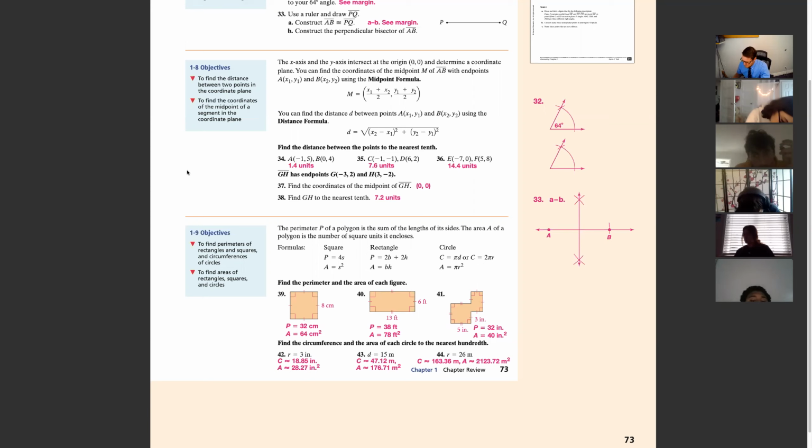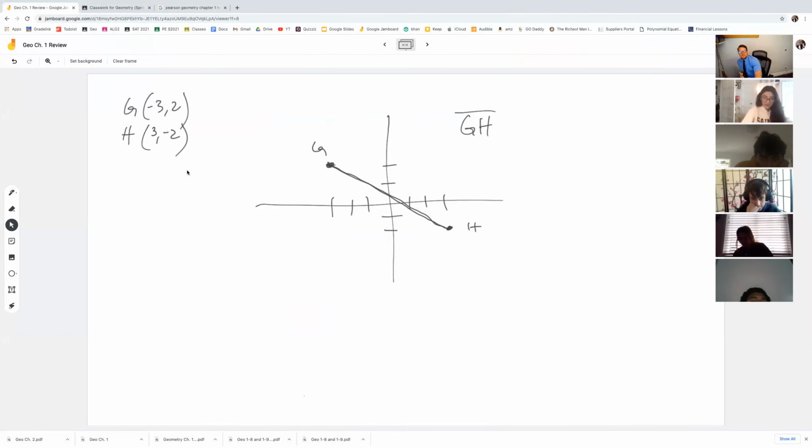Okay, so let's go ahead and graph it. All right, we have a line segment GH. Okay, we need to find the midpoint.